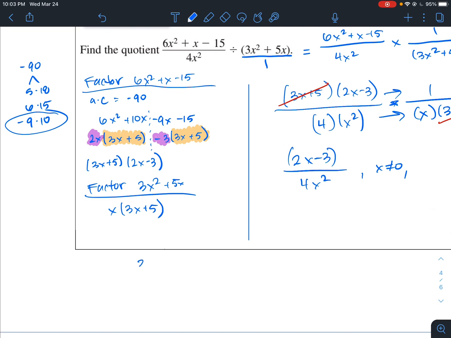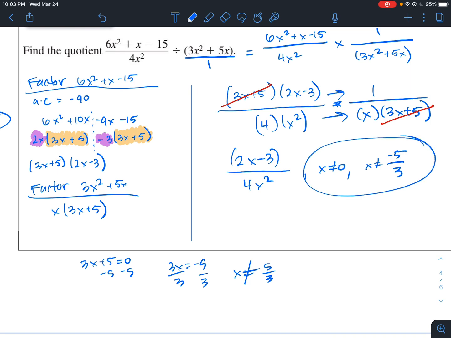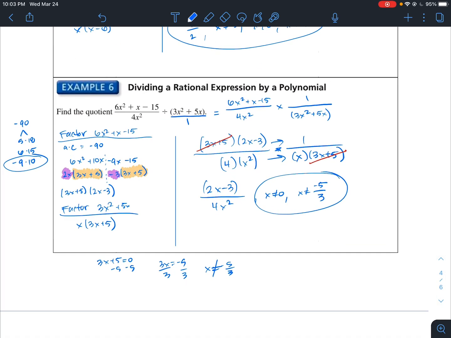So if I do 3x plus 5 set equal to 0 and solve for x, divide by 3, x is equal to negative 5 over 3. So that's what our domain restriction would be. So x cannot equal negative 5 over 3. Okay, that should do it for that one.